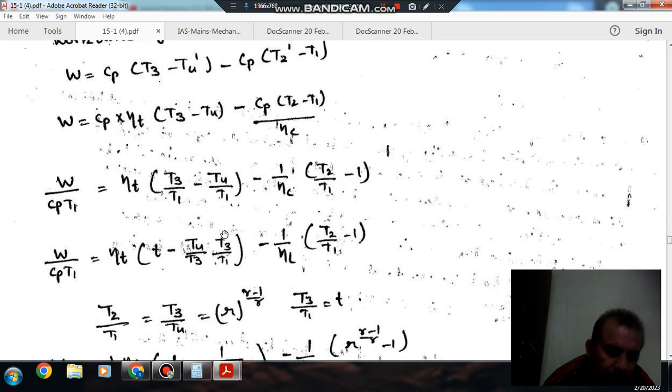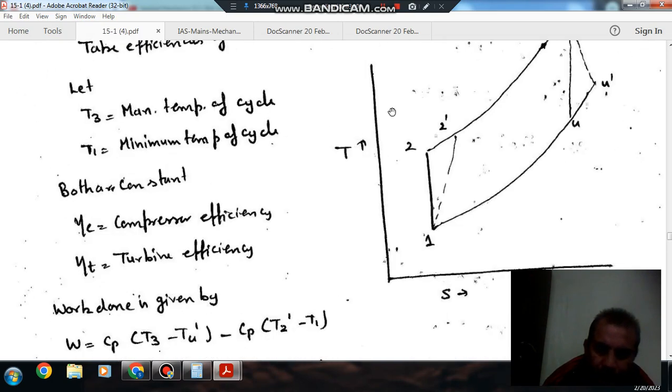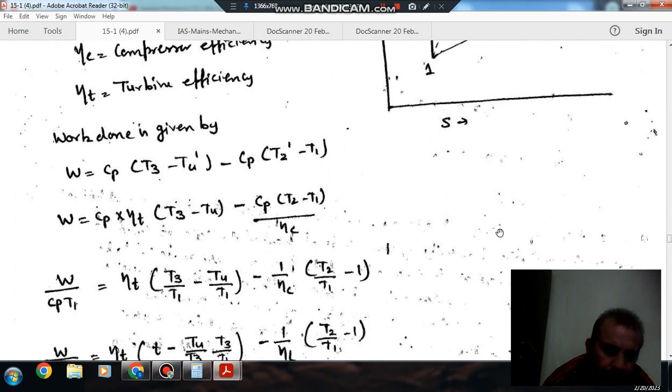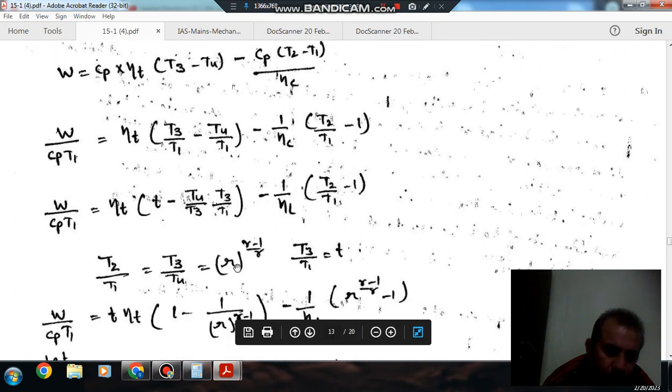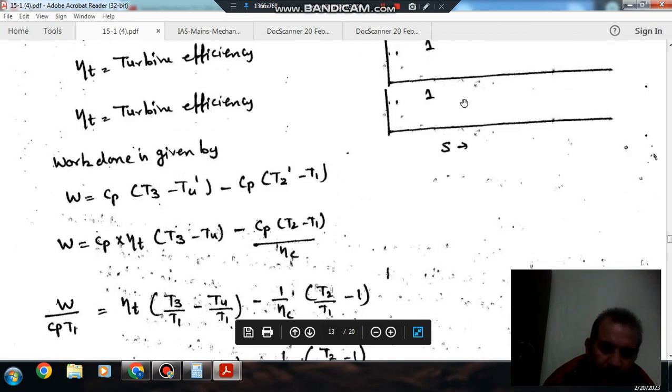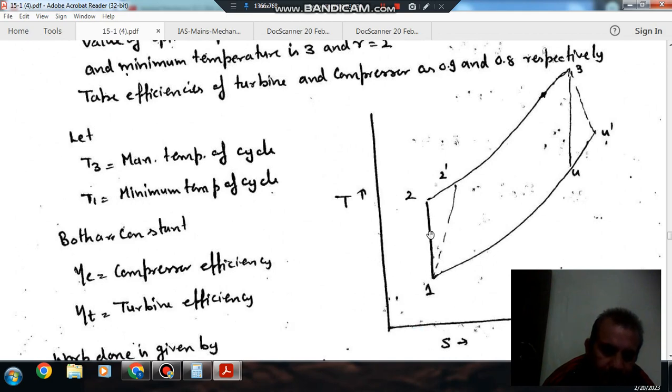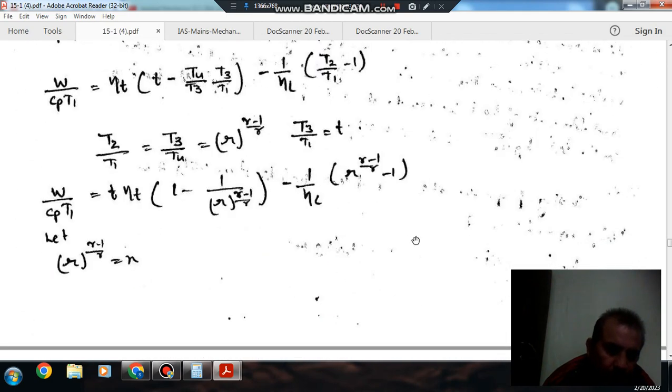So T3 by T1 is t, and T4 by T3 is the ratio of temperature drop across the turbine, which is equal to 1 by R raised to (gamma minus 1) by gamma, where R is the pressure ratio. Similarly T2 by T1 is R raised to (gamma minus 1) by gamma, and T3 by T1 is small t.